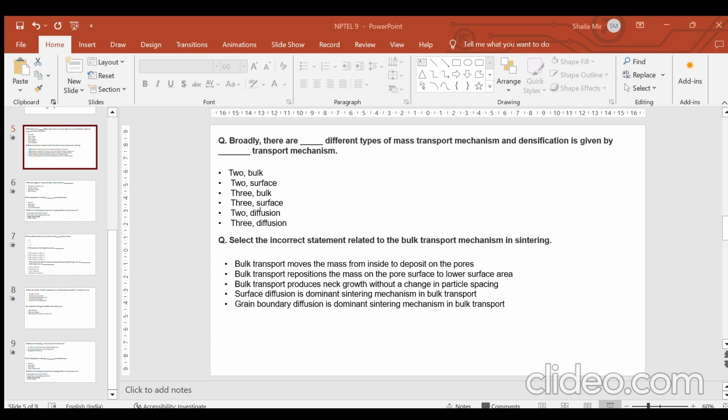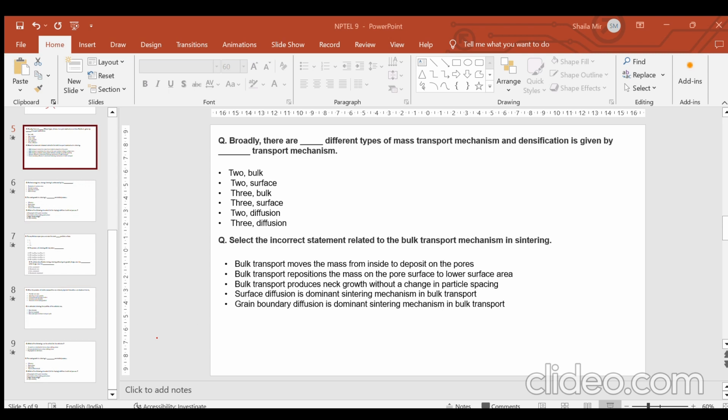Then we have: select the incorrect statement related to the bulk transfer mechanism in sintering. First, bulk transport moves the mass from inside to deposit on the pores. Okay, so we know now the sintering happens and there is a densification process that occurs through bulk transport. We need to say what happens actually during this bulk transport. It says that it moves the mass from inside to deposit on the pores.